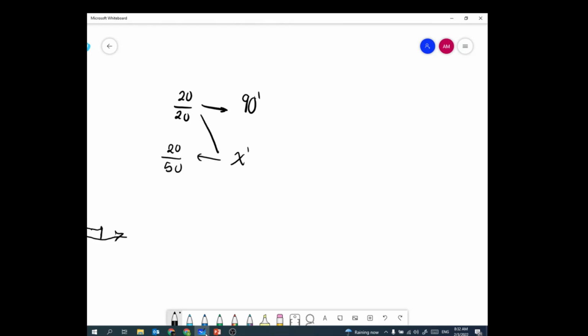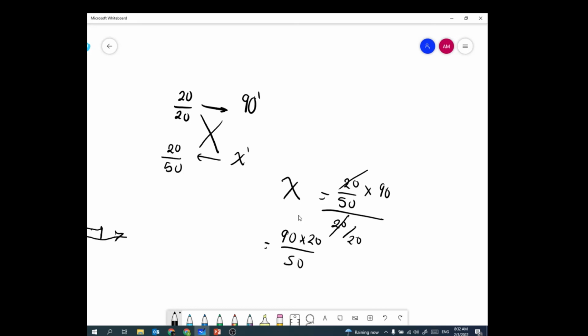So we do a simple ratio. My x is equal to 20/50 times 90, divided by 20/20. So it's 90 times 20/50.